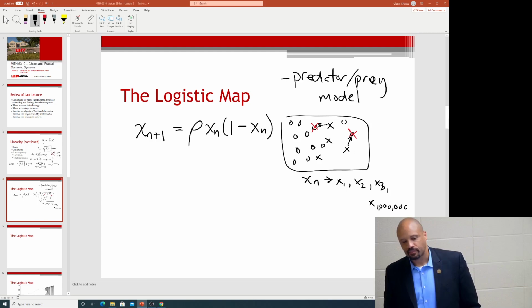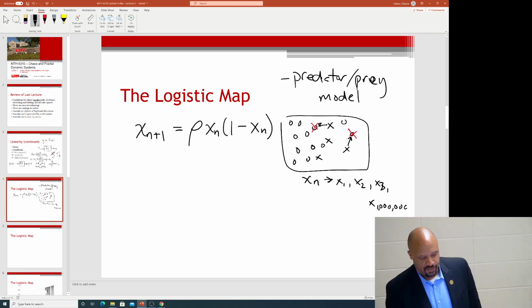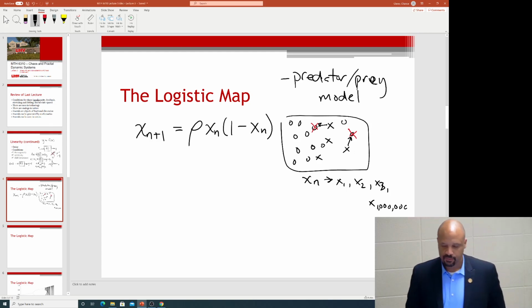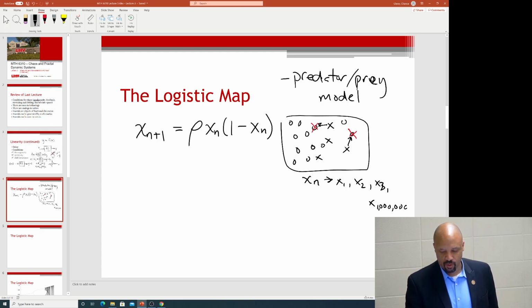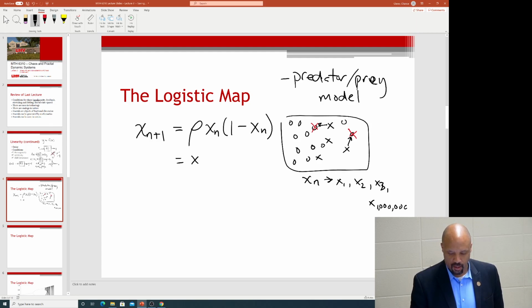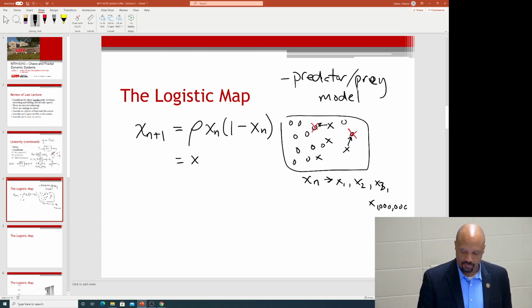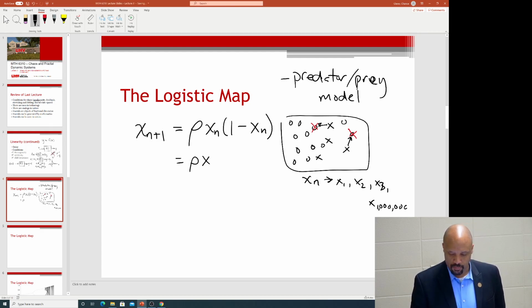Now, you can see that this is nonlinear in that when you multiply this out, and let's just do that. So this is rho times X of n minus rho times X sub n squared.